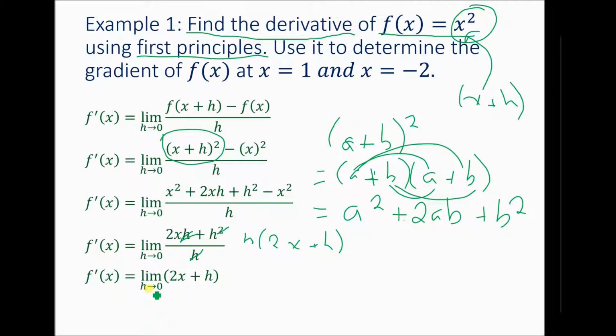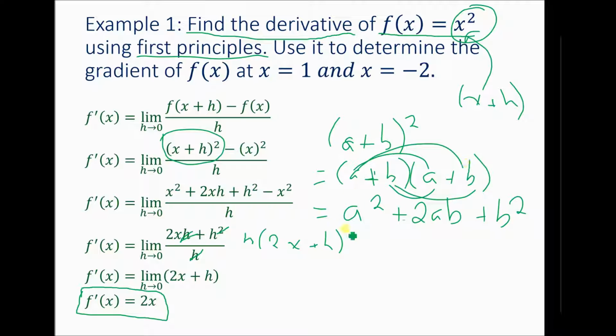So my final step, I send h to 0, and I get my final answer. The equation that determines the derivative at any particular point is just 2x. So at x equals 1, I plug in 1, and that gives me the derivative. At -2, I plug in -2, and that gives me the derivative.